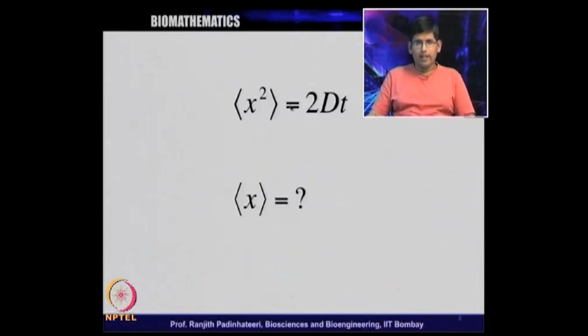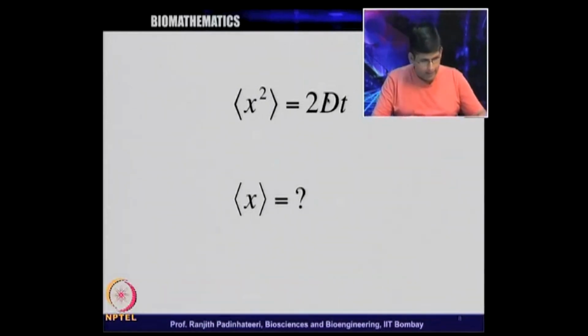This is a very interesting and important relation. The square of the position goes as time, or in other words, if you take the square root on both sides, the RMS distance goes as the root of time.